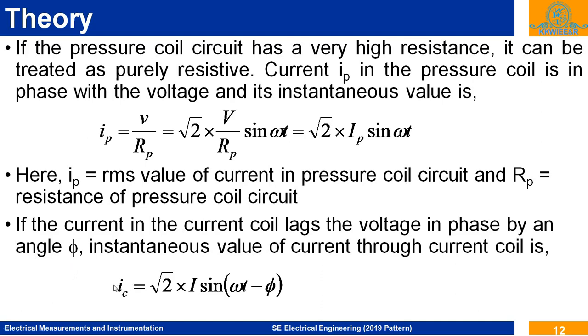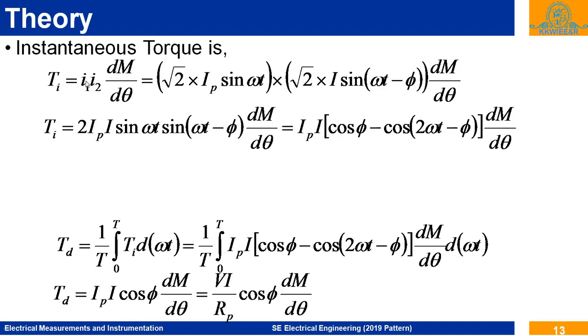So ic, the instantaneous current through the current coil, is equal to root 2 I sin omega t minus phi, where I is the RMS value of current through the current coil. This phi is the phase angle between the supply voltage and the current through the current coil. The instantaneous torque is given by Ti is equal to I1 I2 dM by d theta.